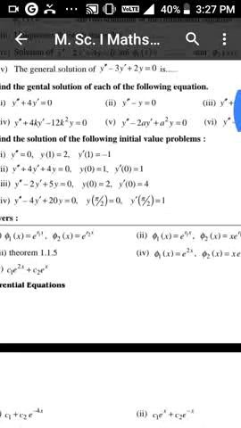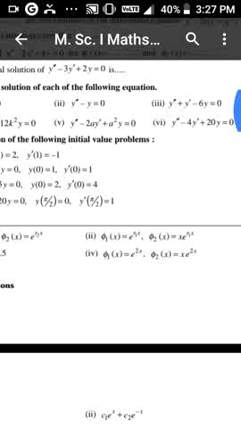Now y double dash minus y is equal to 0. The characteristic polynomial of the given equation is r square minus 1 is equal to 0. R square is equal to 1, therefore r is equal to plus minus 1.